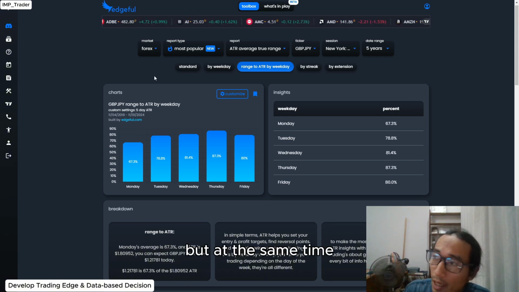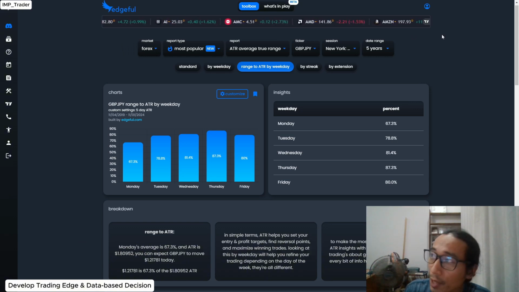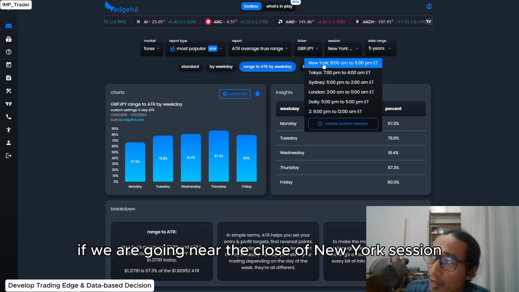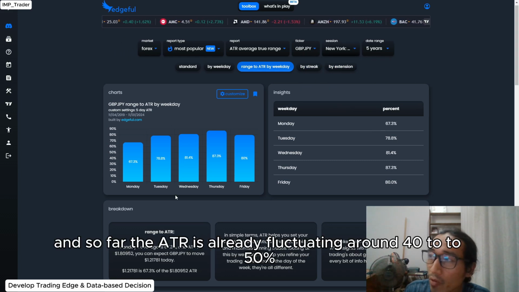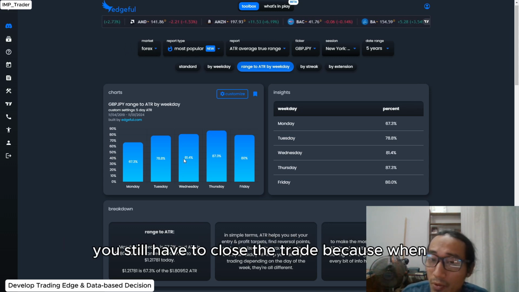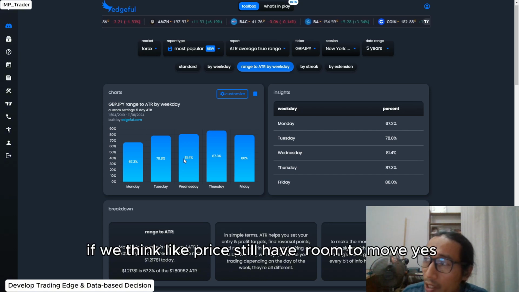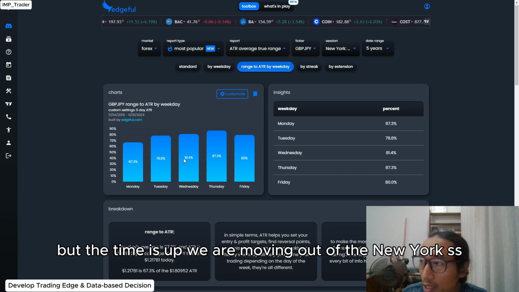But at the same time, if we are going near the close of the New York session, and so far the ATR is only fluctuating around 40 to 50%, you still have to close the trade. We might think price still has room to move, yes, but the time is up.